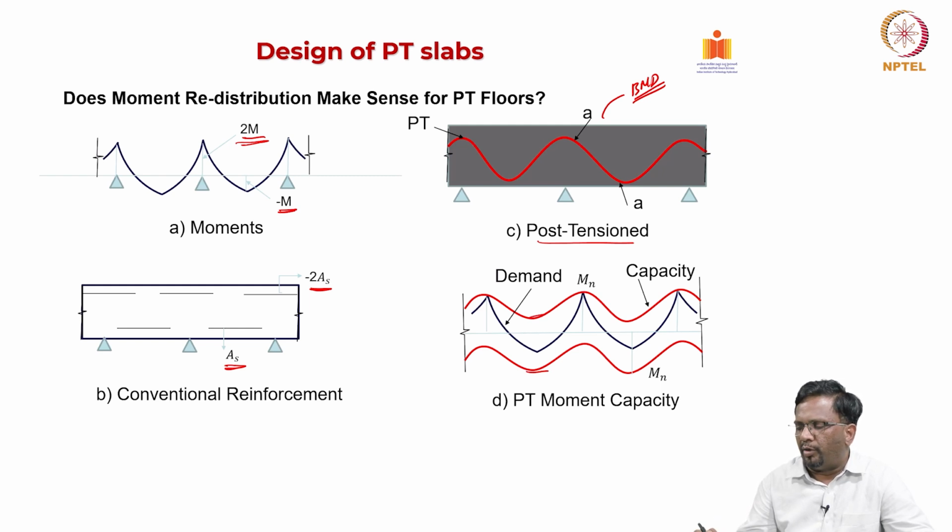This is for the lower bound and the upper bound. So, I can move it to make sure, because that is what we are saying, this capacity is Mn, here also it will be Mn, here also it will be Mn, provided the eccentricity of the cable is nearly the same, right. So, here everywhere the capacity, for example, this blue color is your capacity curve, right. So, you can put it here.